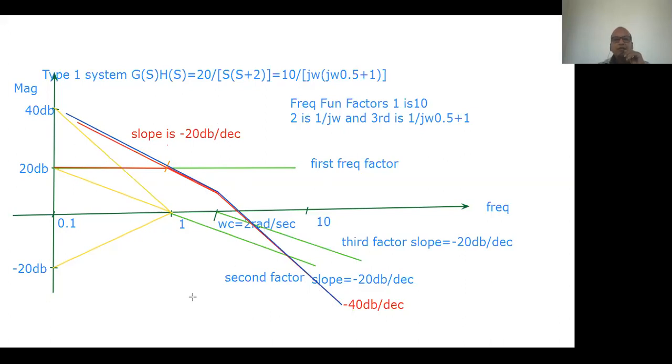Then for the phase Bode plot, prepare the table for this phase. Consider omega equals 0.1, then consider 0.2, then 0.5, then 1, then 2, then 5, then 10.